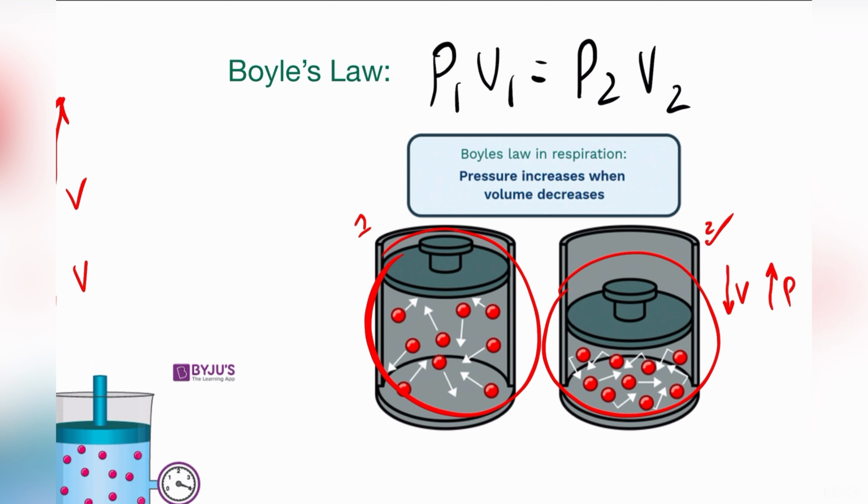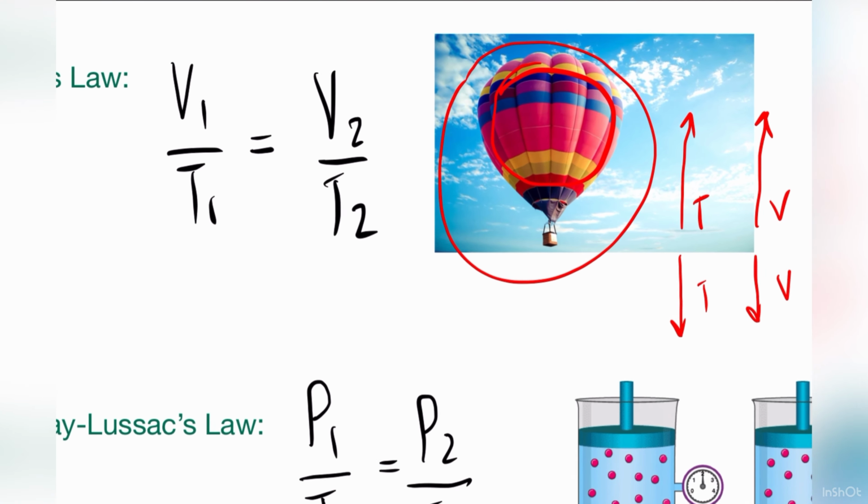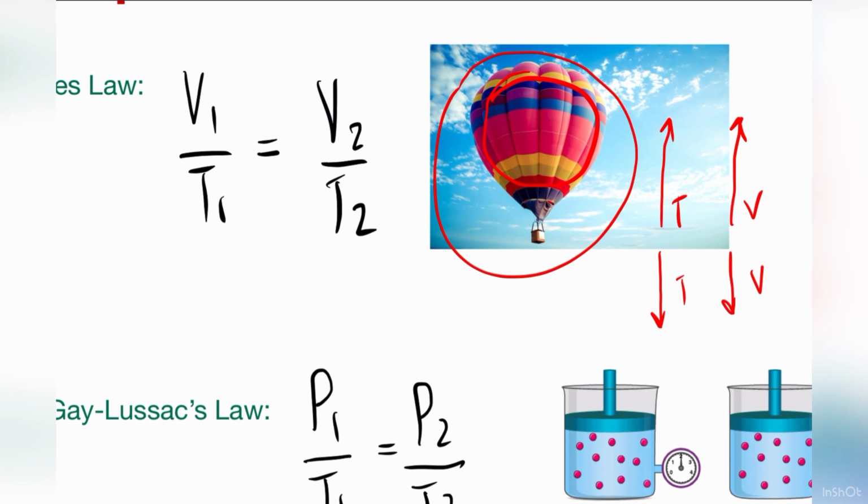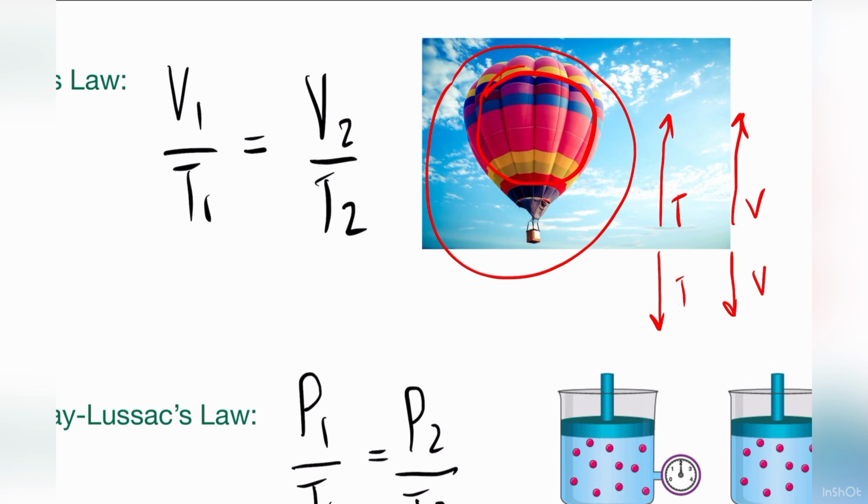In our first photo, the volume is greater, so as volume increases, pressure decreases. This relationship is inversely proportional: when one goes up, the other goes down. In our first law, Charles' law, there's a direct relationship where either both go up or both go down.